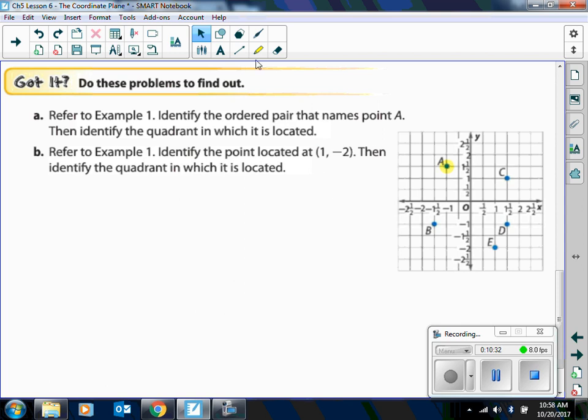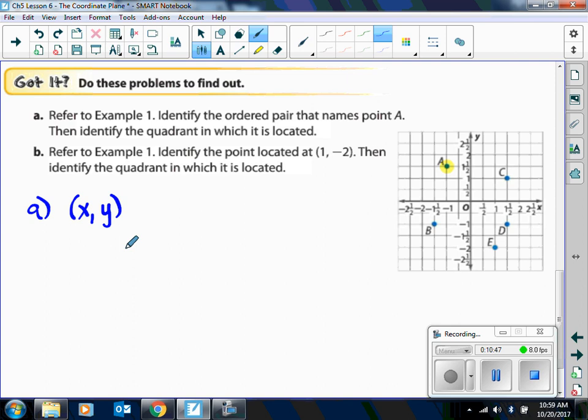And remember, when we are working with ordered pairs, an ordered pair is x comma y. And we are trying to find A.